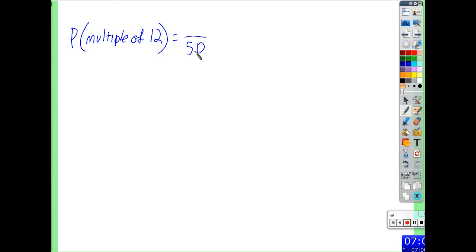Those are 4. 4 times 1, 4 times 2, 4 times 3, 4 times 4. 4 times 5 is too big, it's past 50. So we have 4 possible outcomes in this event. That's how many ways this event can happen. And we can get 4 out of 50, and simplify it down to 2 out of 25.